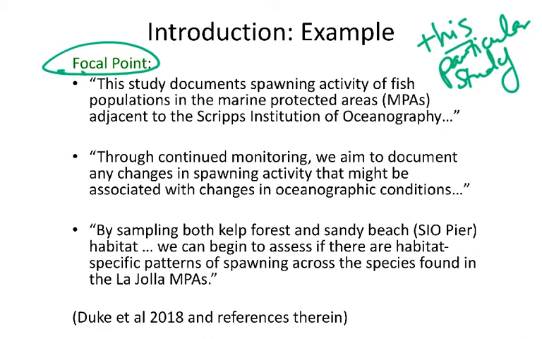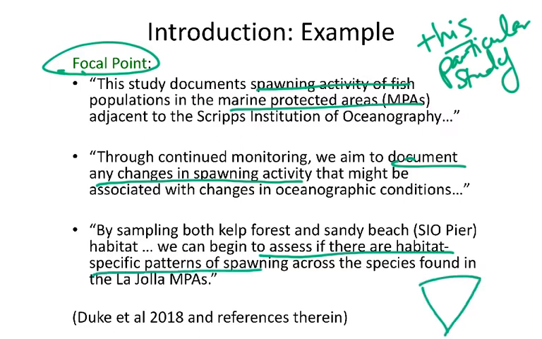Here in this particular paper, we are specifically documenting spawning activity in this particular marine protected area. So the aim is to document changes in spawning activity and to start to assess habitat-specific patterns. So if we go back to our funnel, this focal point is right here, the very most specific part. So you would end your introduction talking about the specific goals or aims of this particular study.